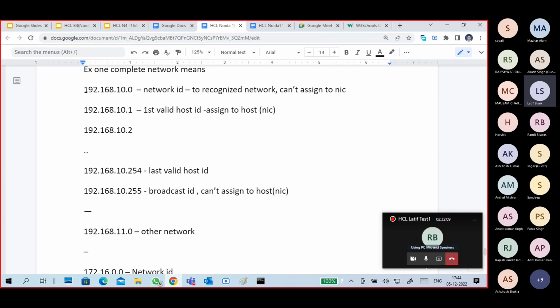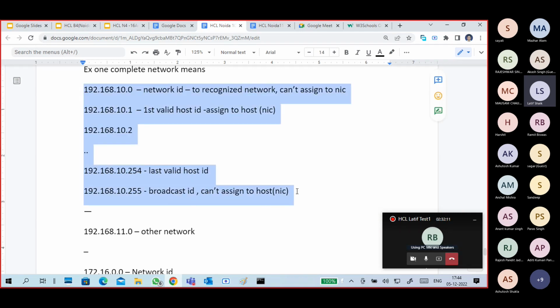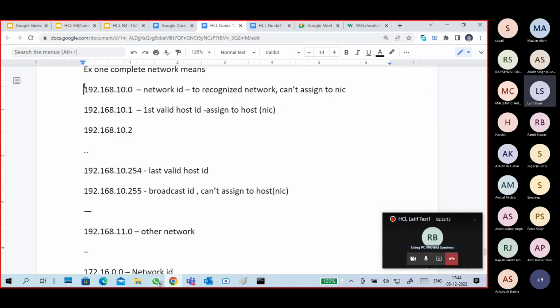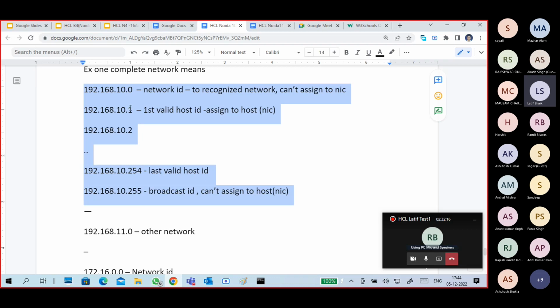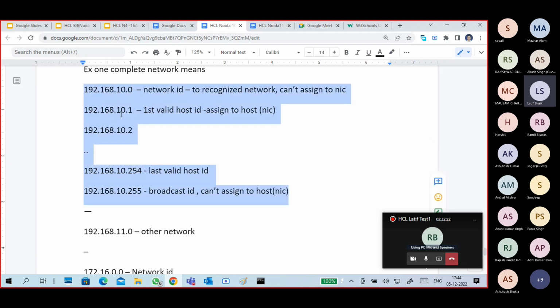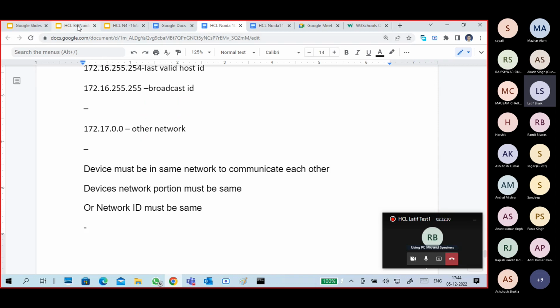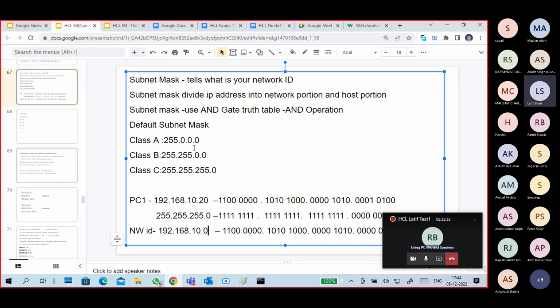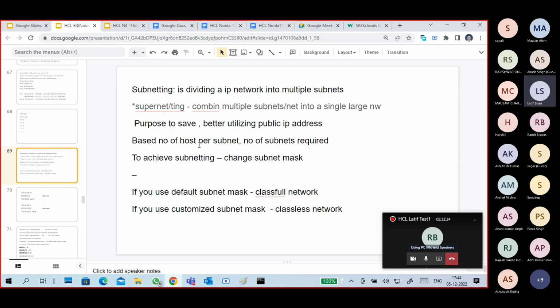So totally 256 IP addresses, and hosts are 254 IP addresses. This 256 total IP addresses we can divide into multiple networks just by changing the subnet mask. Just by changing the subnet mask, we can divide a network into multiple subnets.